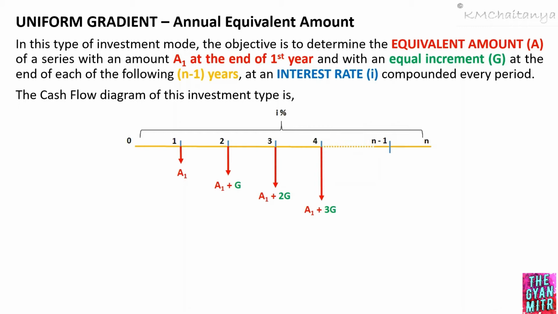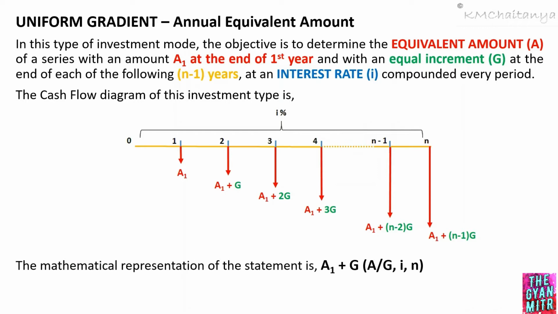Similarly, at the end of n-1th year, the investment will be A1 plus n-2 G. At the end of nth year, the investment will be A1 plus n-1 G. The mathematical representation of this statement is A1 plus G, which is the known value, with unknown A and I interest rate and n interest period.